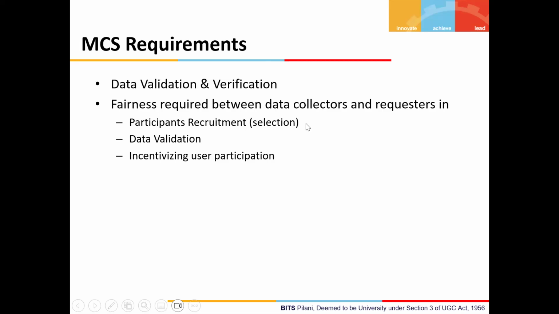In this phase, we need some kind of fairness. It should not be that the system selects very few people, maybe because it has some kind of collaboration with them, so that every time it selects those same candidates. So fairness is required in this process.